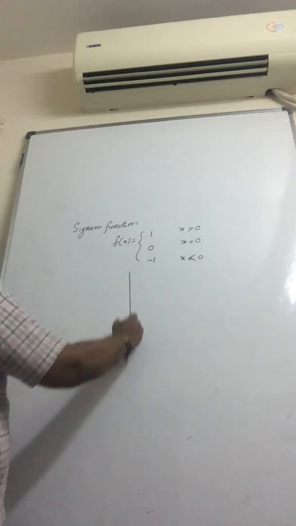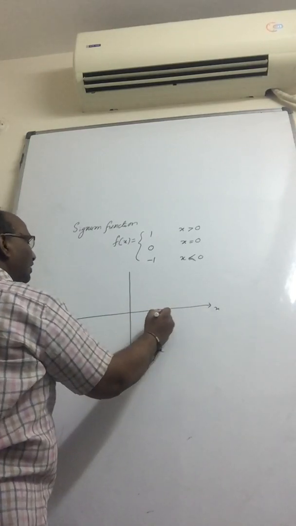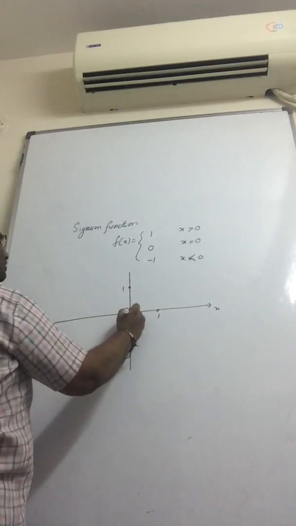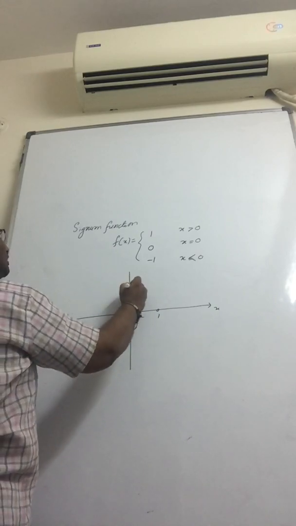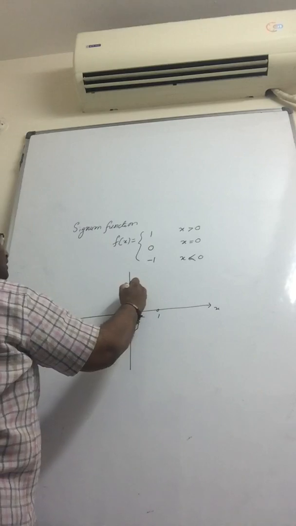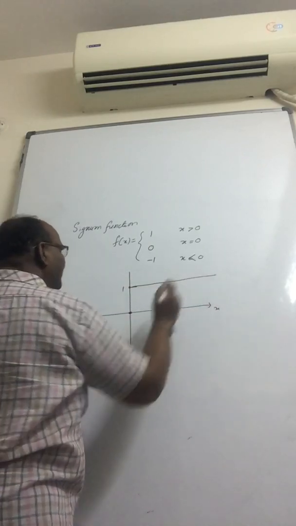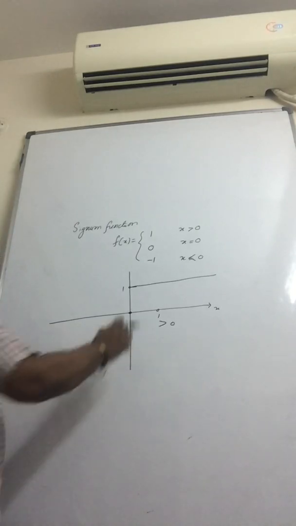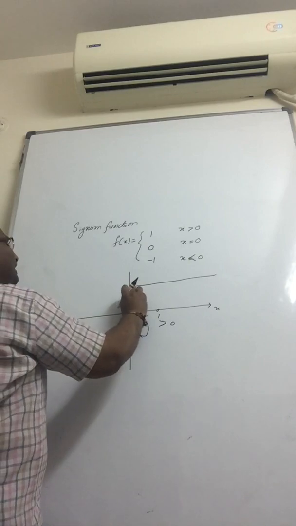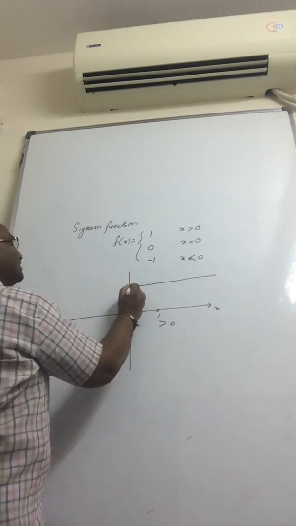This is the y-axis, this one is the x-axis. Let us take 1 here and minus 1 here. For exactly 0, the value is 0. After 0, it is 1. If you draw a graph like this, it says that at 0 also it is 1. We must maintain some gap. We should not connect this line and this line; keep a gap.